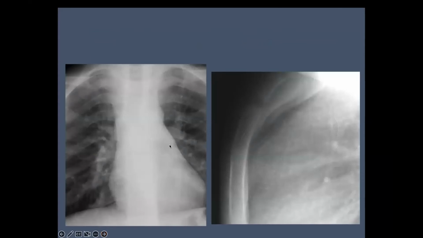This chest x-ray was not too remarkable, but the lateral view actually showed some pleural thickening along the undersurface of the sternum.